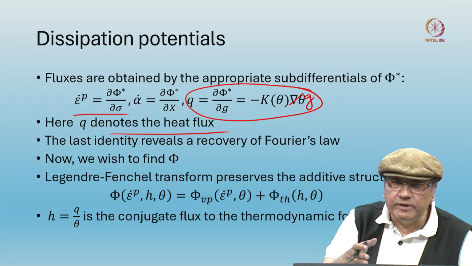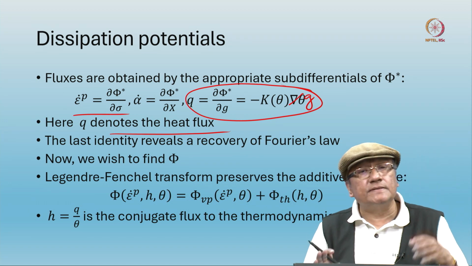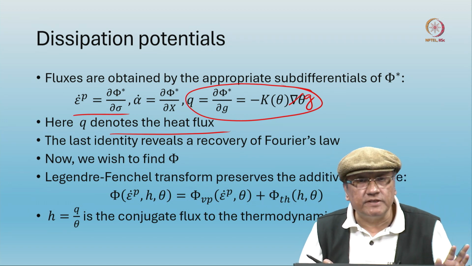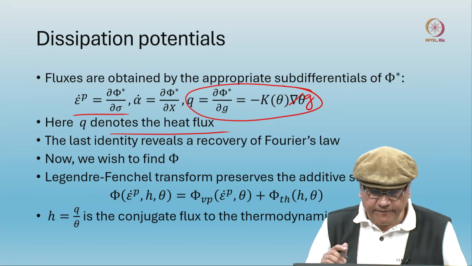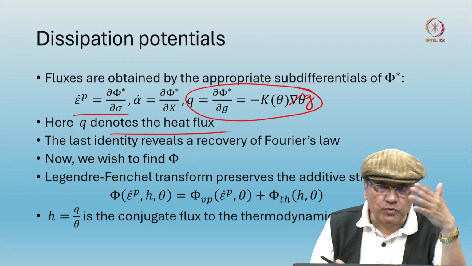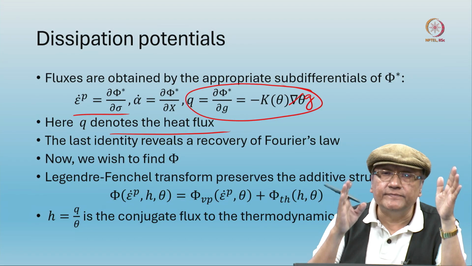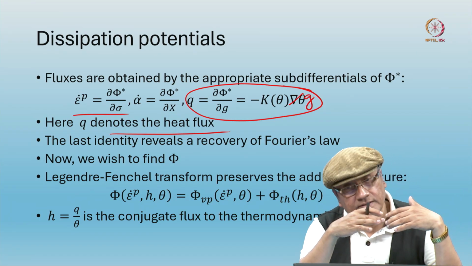We can derive Fourier's law from here. Now based on this expression for phi star, our objective is to find phi by a Legendre-Fenchel transform. The Legendre-Fenchel transform and its dual structure is such that if the dual has an additive structure, then that will be replicated even in its transform.